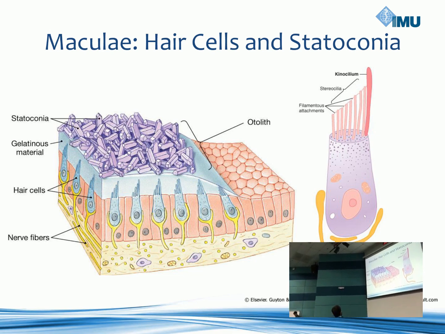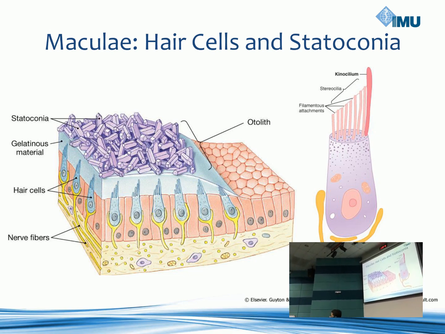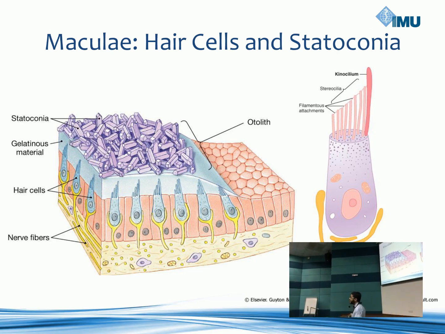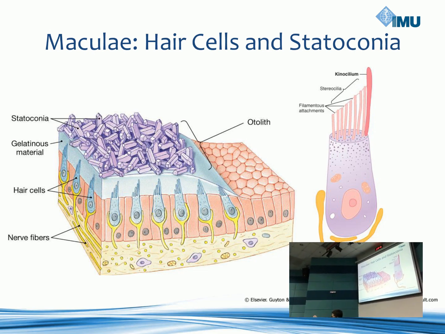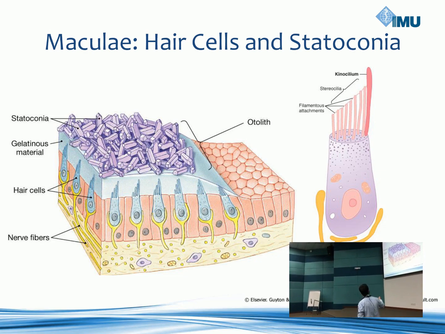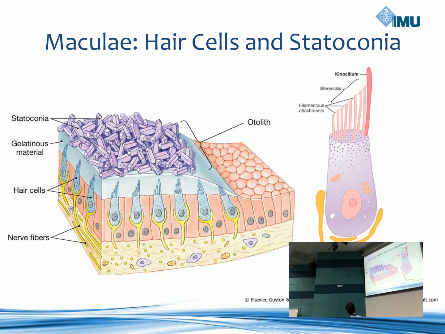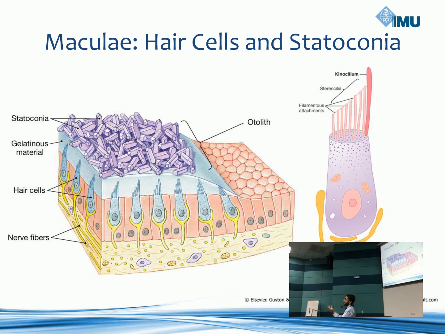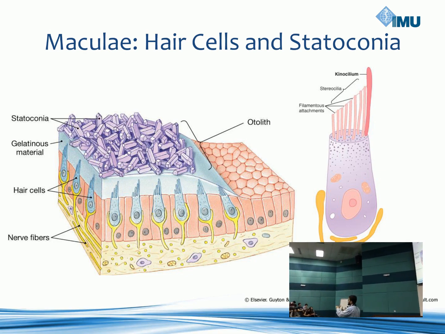This is the nerve. The hair cells have these stereocilia. On one side, you have the long one, which is called the kinocilium. Then you have gradually shortening stereocilia. They are embedded in this gel-like material on top, this blue colored gelatinous material. On top of these, you have these small stones or sand particles.